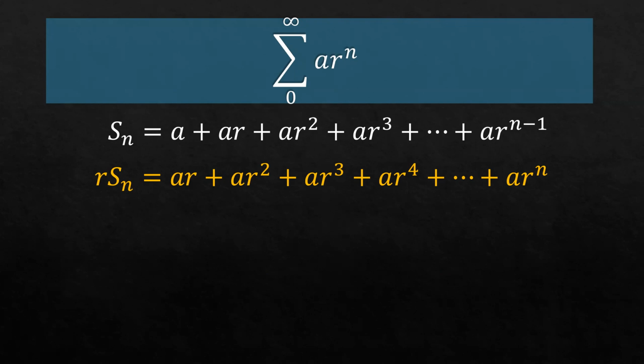All right. Now, since you have things that look kind of the same, what I'm going to do is take the white minus the yellow. So Sn minus r times Sn will equal, what happened when I subtract?